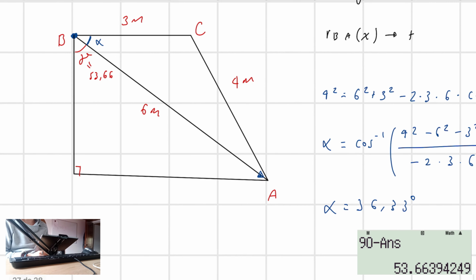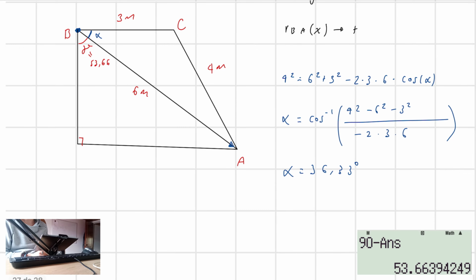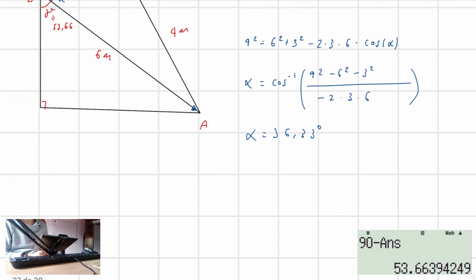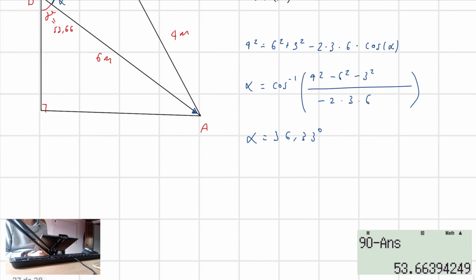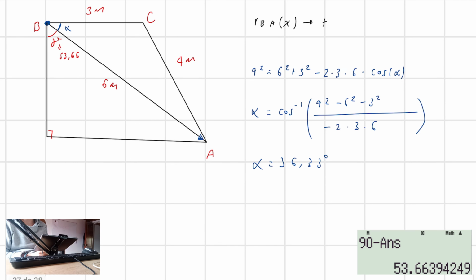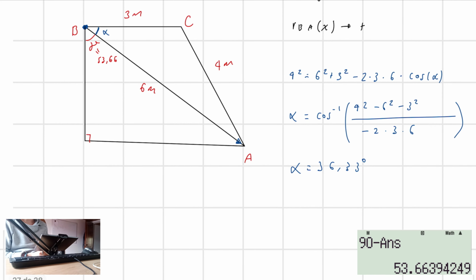And now we have everything. With this information, all we need to do is say that y and x can be calculated.